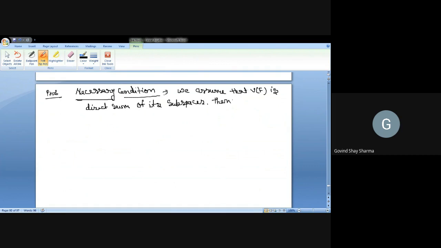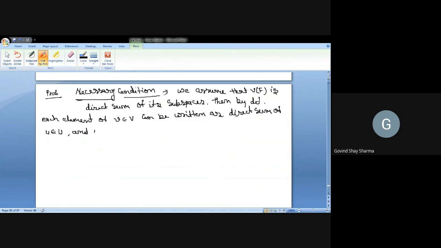Then by definition each element v of V can be written in the form of a direct sum, v equals u plus w, where u belongs to U and w belongs to W. So this is equation number one, and condition A is satisfied.